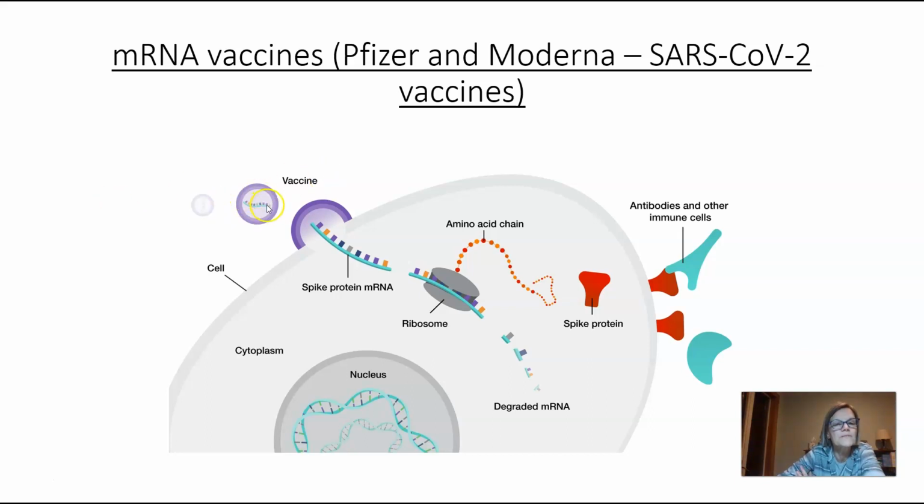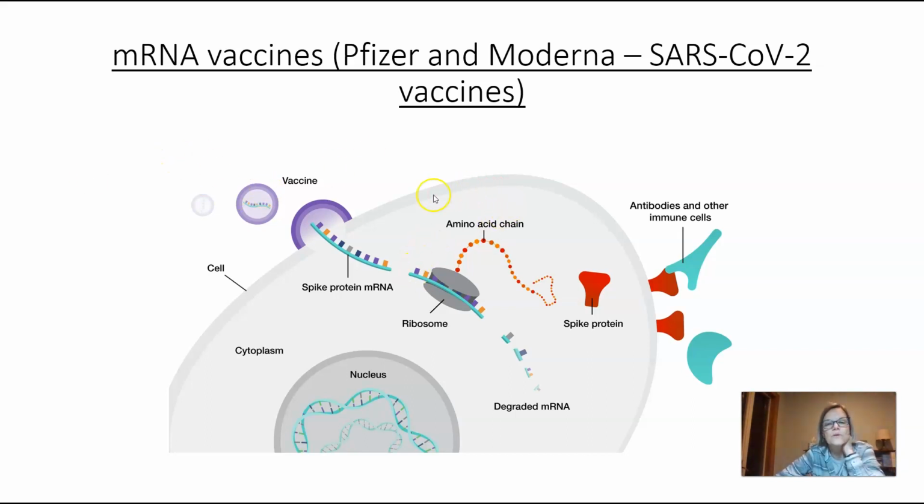And what they do is they package that RNA into what I've heard called a lipid bubble, like a little vesicle. So when you get an injection, those lipid bubbles go into your muscle in your arm, and they can even get into your lymph nodes in the area.